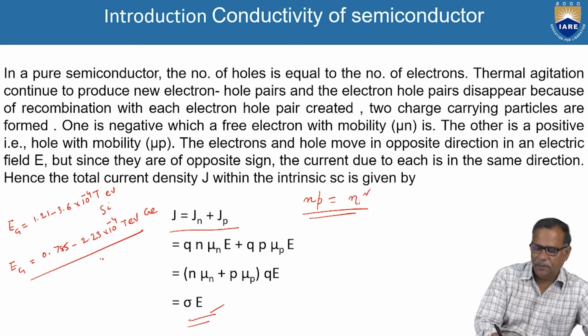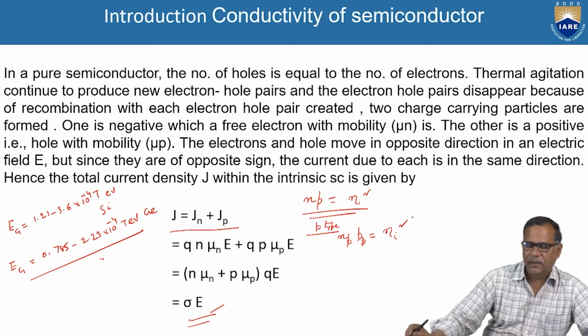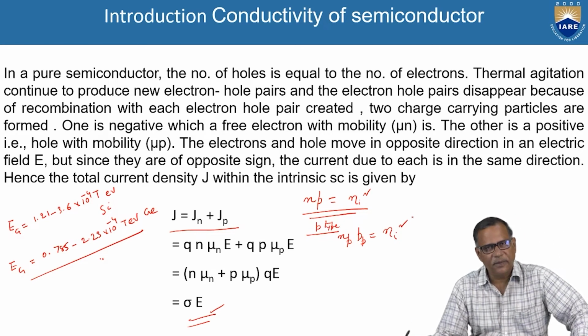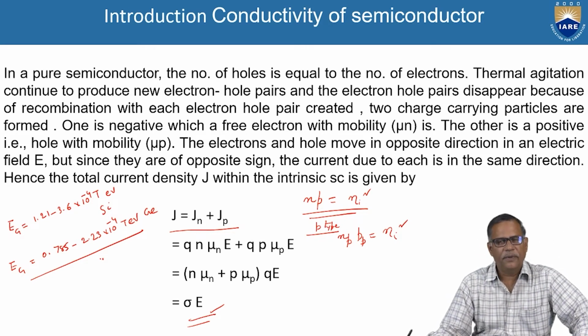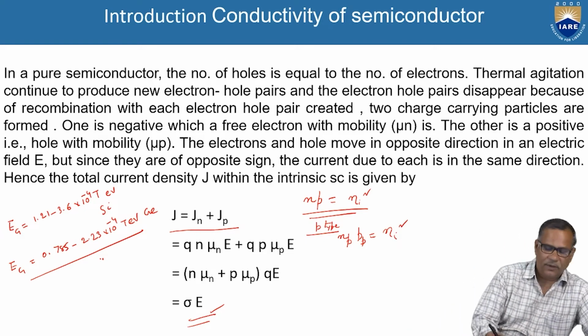So for P-type, the law of mass action is written like this: np pp is equal to ni square, where np is the number of electrons in the P-type material, and pp is the number of holes in the P-type material, and that is equal to ni square. So what is pp?